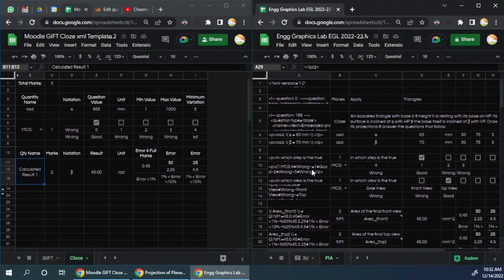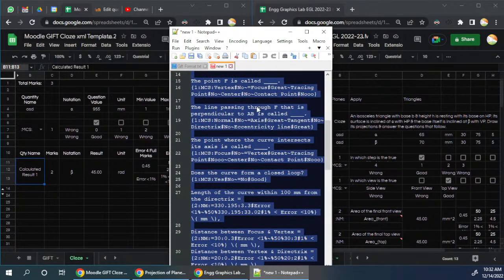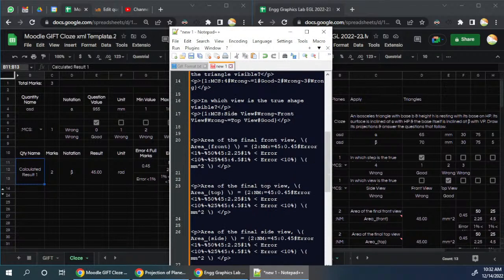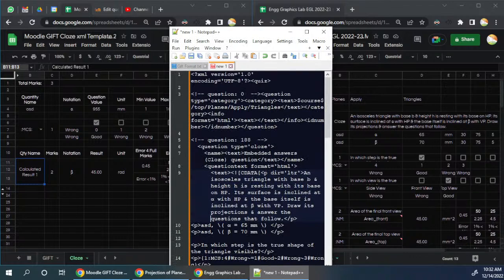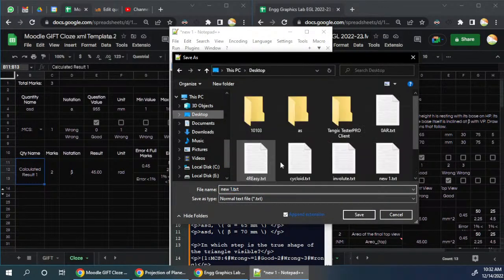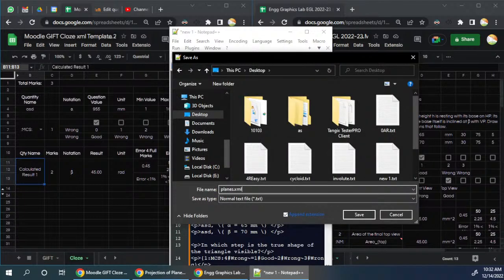Let's see if the code is working correctly or not. Then we will run off to the class. So here we need to replace all double inverted commas, and this should be uploadable. So let's save it to the desktop as XML.